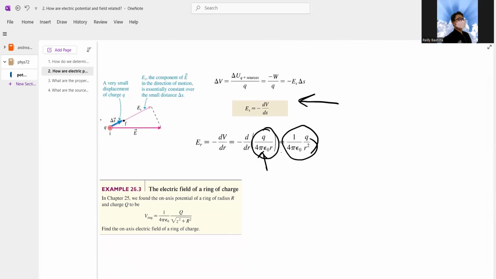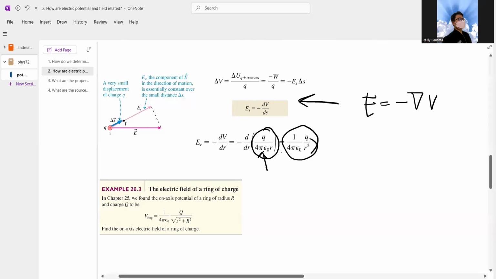If we have to do a more general form, the truly three-dimensional form, it's actually E equals negative this one.